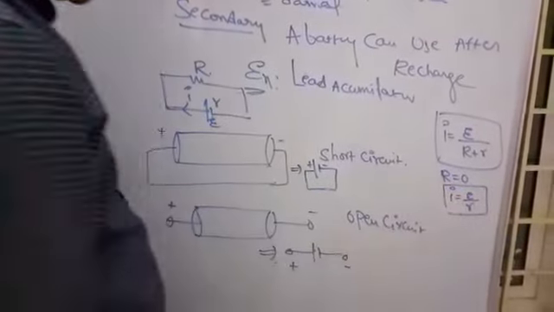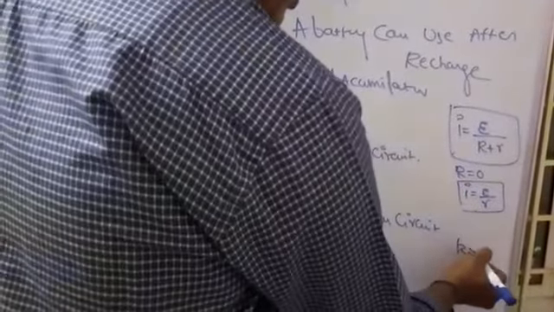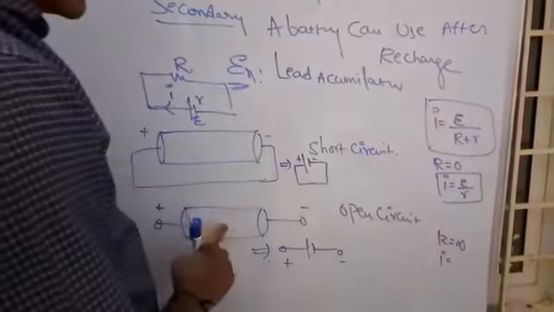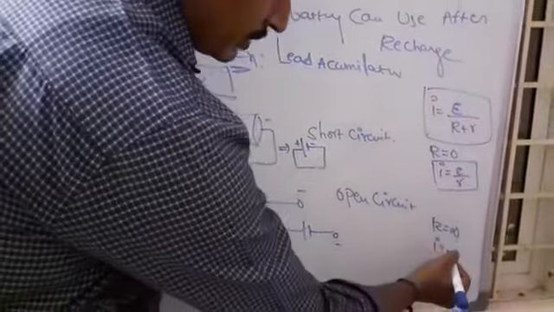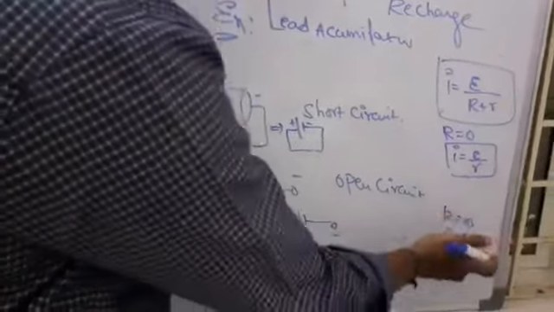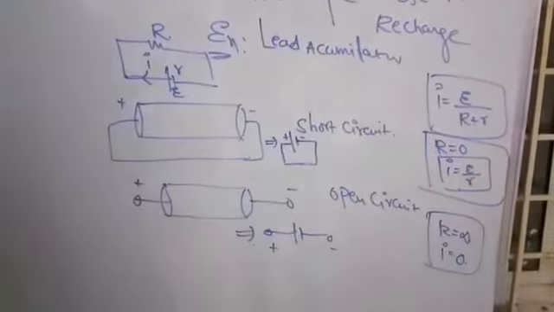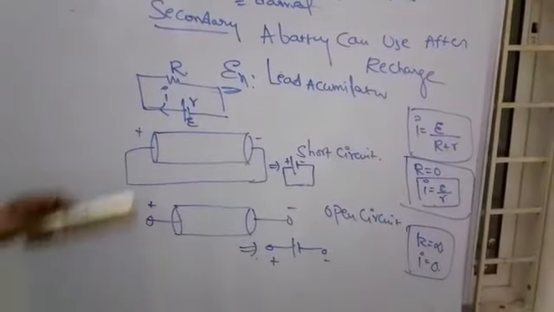Next, when capital R is equal to infinity, I is equal to E by infinity, which is equal to 0. No current will flow. These are the conditions for open circuit and short circuit.